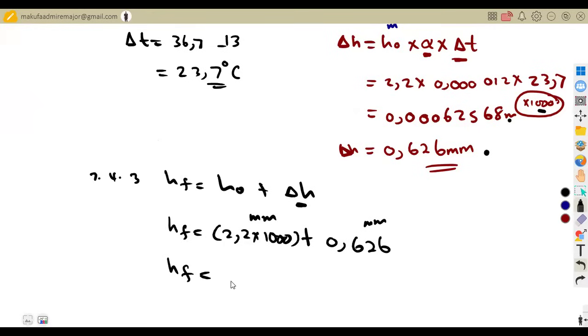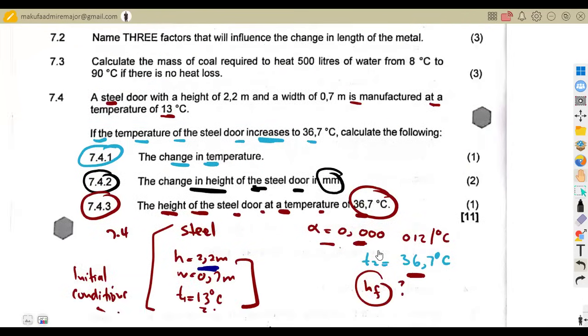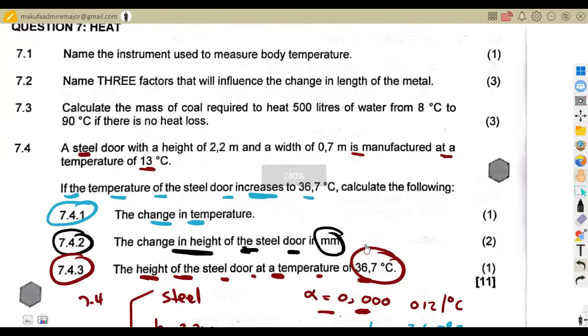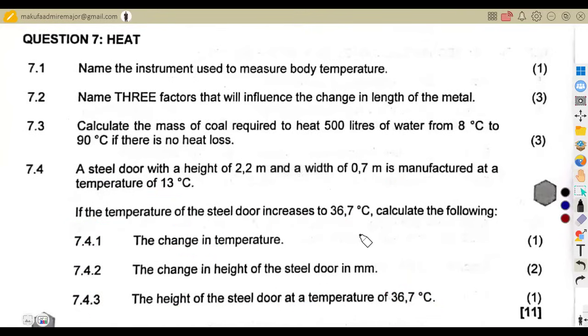The final height in millimeters will be something like 2,200.626 millimeters. All right? You can consider millimeters or meters, it's up to you. If you consider meters, we use the original values that we had before. So I want you to do that and see what you're going to have. But these are the typical questions that you might have concerning heat, so you need to understand how to attempt these typical questions.